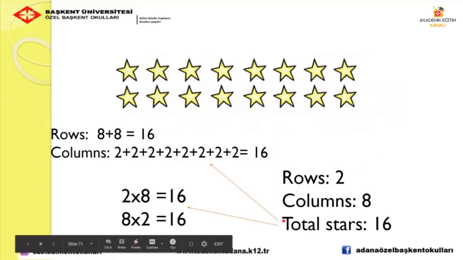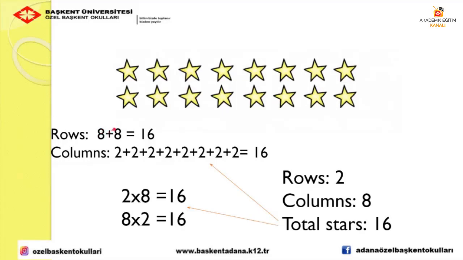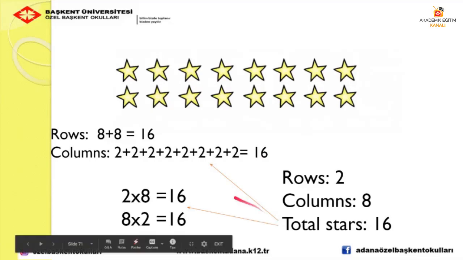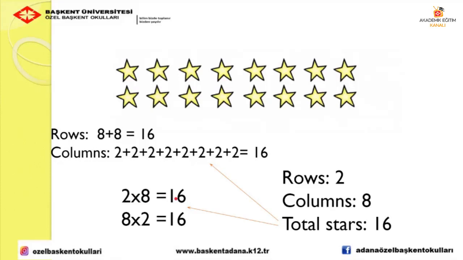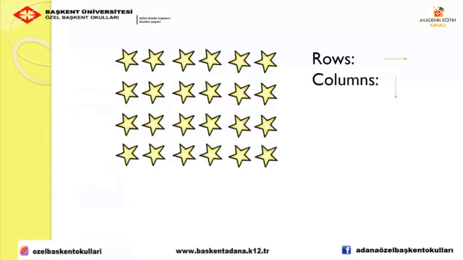I can count them very slowly by adding up 8 plus 8 equals 16, or 2 plus 2 plus 2 plus 2 plus 2 plus 2 plus 2 plus another 2 equals 16 stars. Or I can quickly multiply 2 by 8 equals 16. Look at this array of stars.